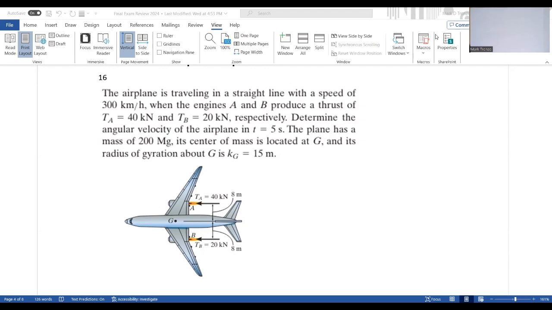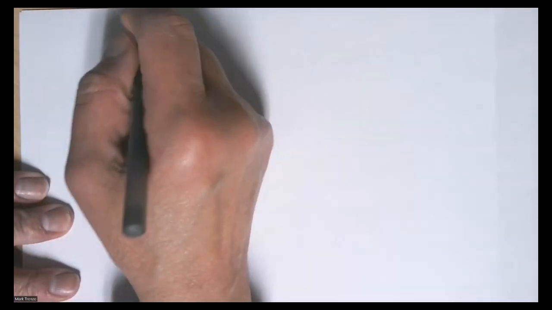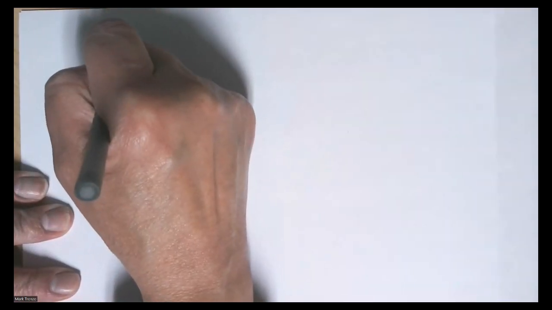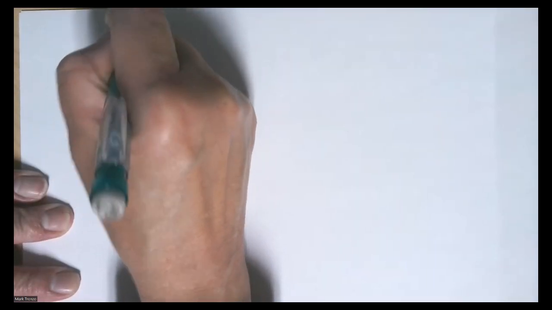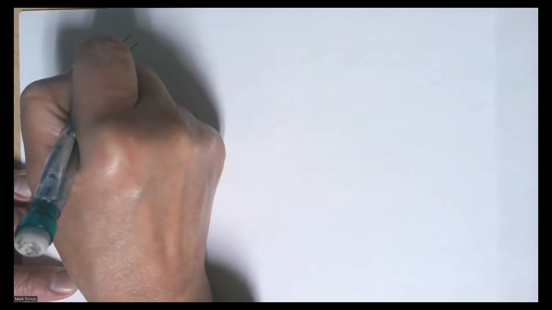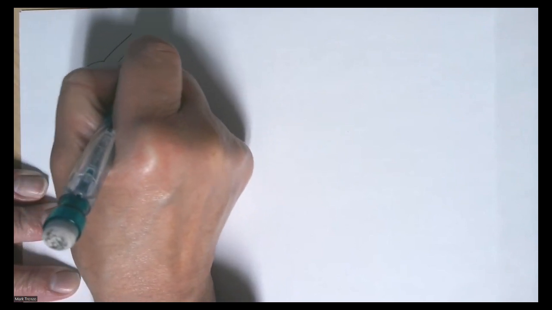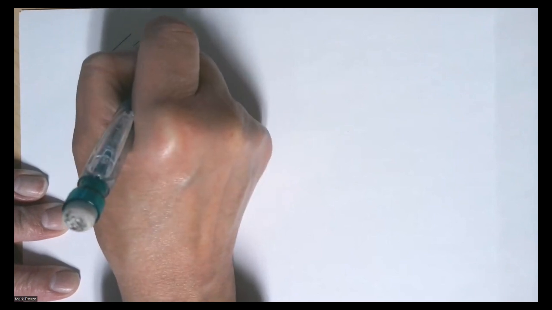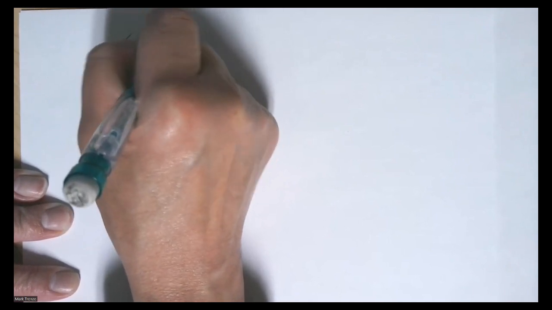So let's take a look at this. Again, in this problem you could think of the airplane being something like this. Again, we don't really need any exact picture because we're given the radius of gyration.